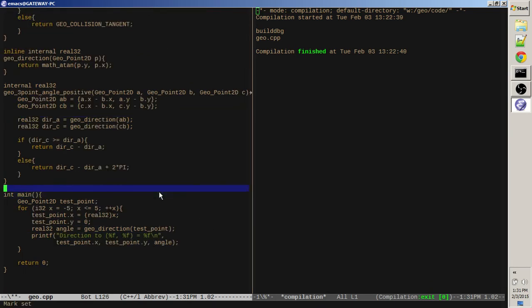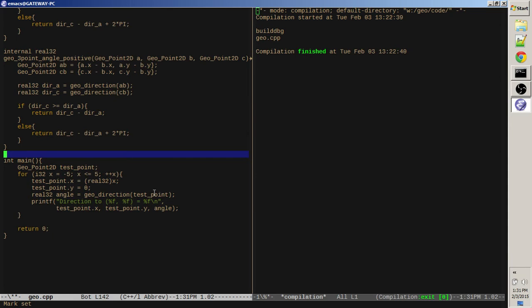Let's also do a negatively oriented angle measurement, and we'll have to test it next time.